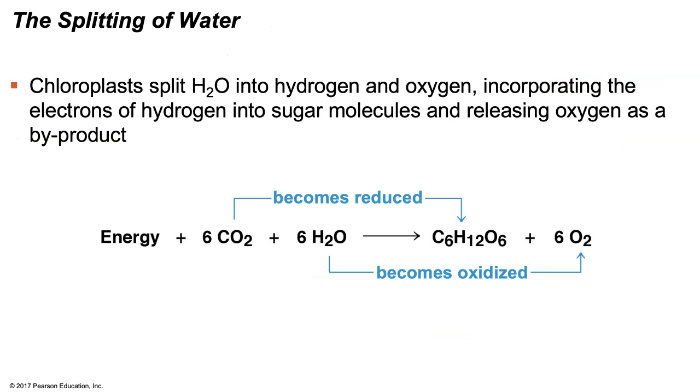And here is the reaction for photosynthesis. We have our light energy, carbon dioxide and water. Carbon dioxide is becoming reduced. It is gaining electrons. And when we gain electrons, remember, electrons are negatively charged. We don't want to just stick negatively charged things on our molecules, because that creates a new molecule that is reactive.